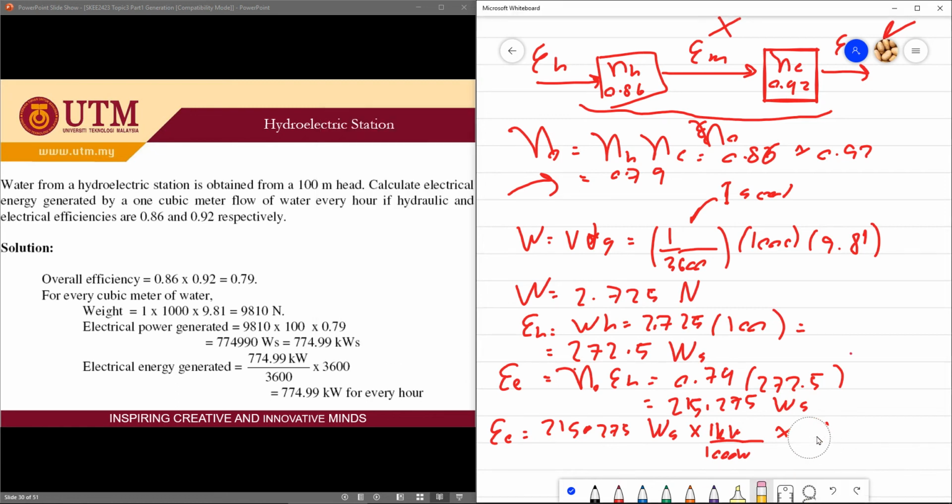Sorry about that. You have to be careful, this is energy. So you convert it first to kilowatt, so you divide by 1000, and get 0.21527 kilowatt second.